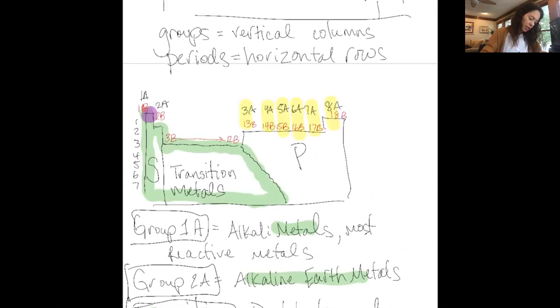And hydrogen is not a metal. All right? Even though he lives over there with the metals, he is not a metal. He's over there for other reasons. All right? He's got 1 valence electron like everybody else in that group. He's not a metal. Okay? And he's not a he either.